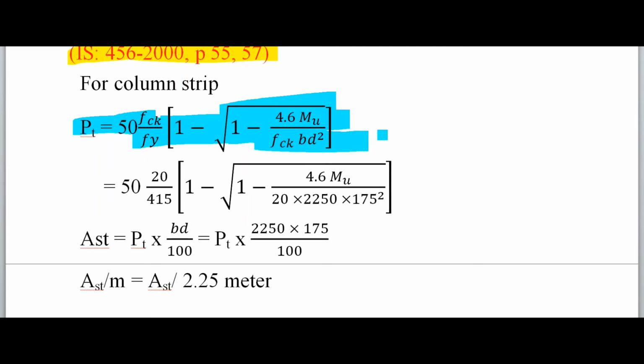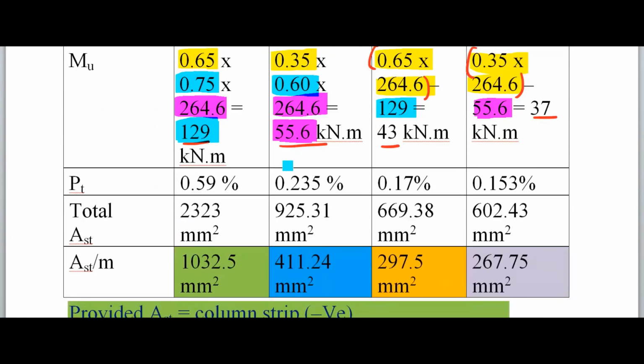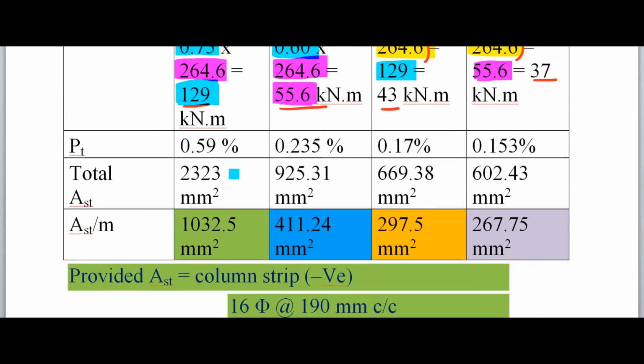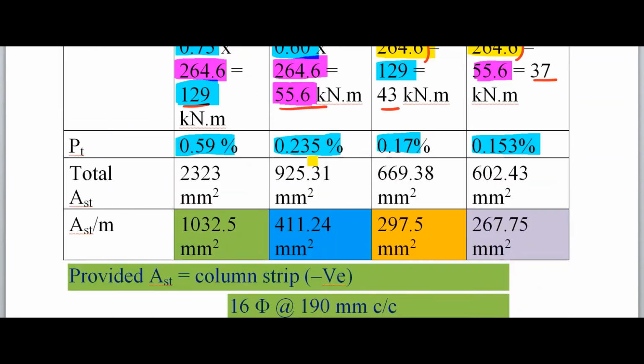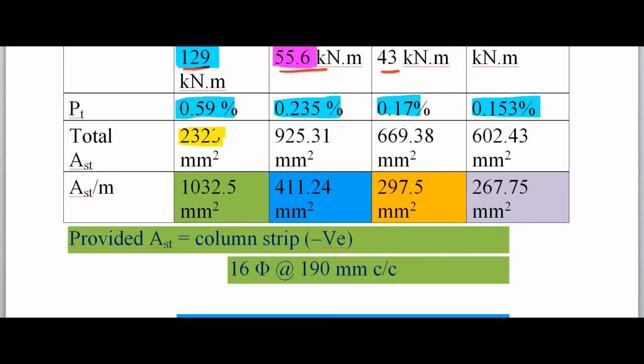By this equation we can find PT. Here PT is 0.59, 0.235, 0.70 and 0.153. Then we have one more equation, AST = PT × B × D / 100. Putting all the values in this, we can find the total AST.